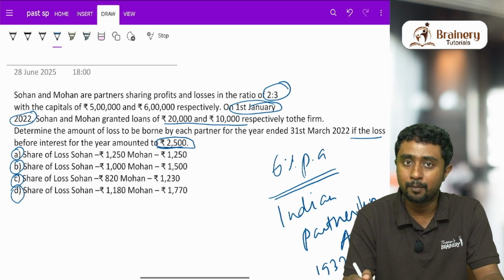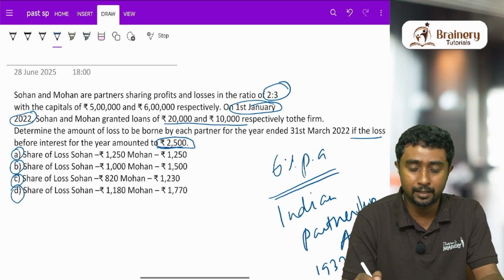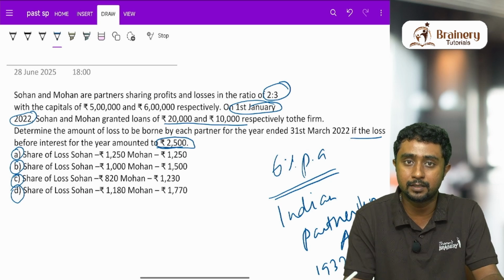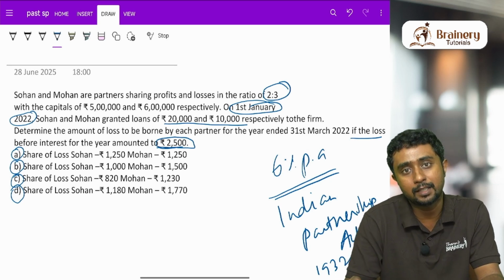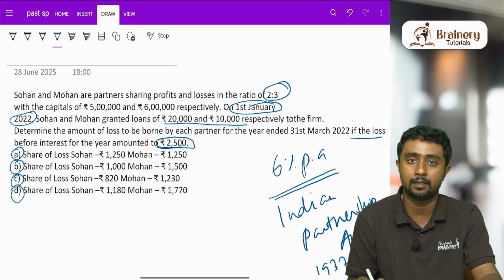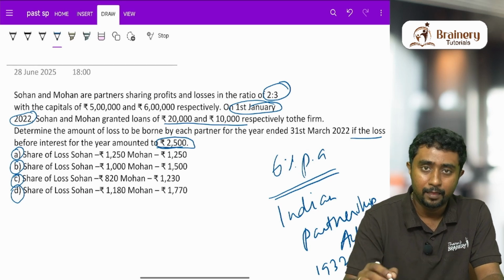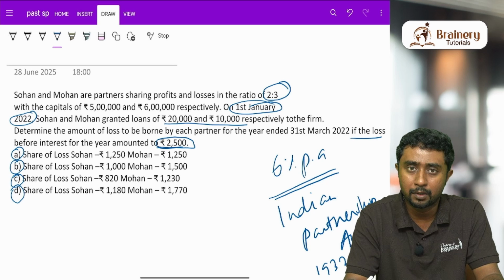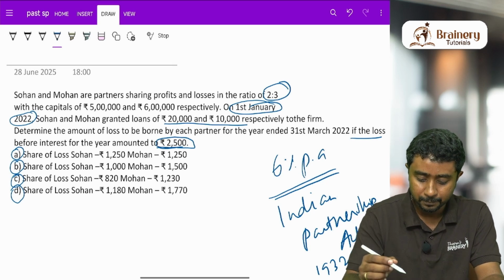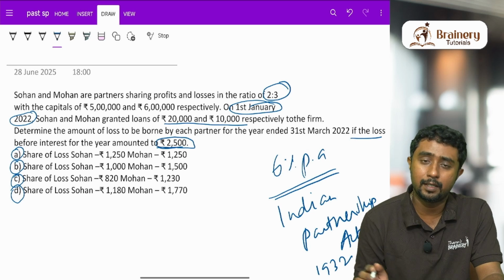I repeat, if no other interest rate is specified in the partnership deed regarding loans given by the partners, then such a partner is entitled to receive at least 6% per annum interest. You must have done a couple of questions based on this interest calculation. Anyway, our topic is not interest calculation.